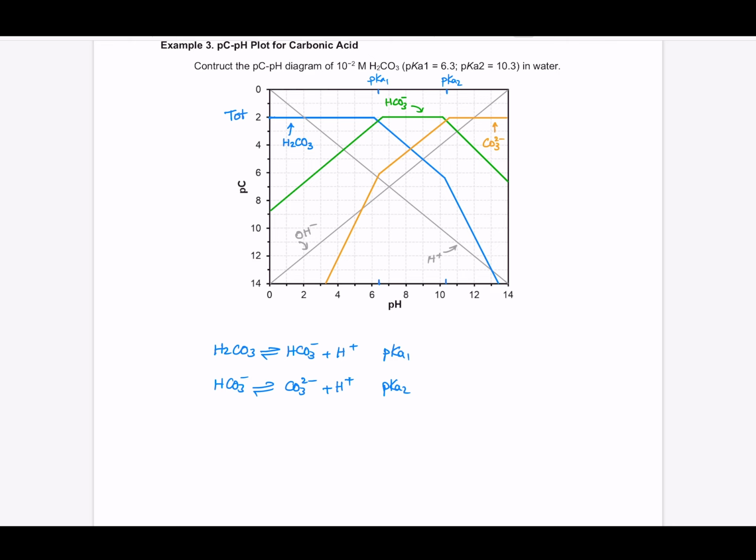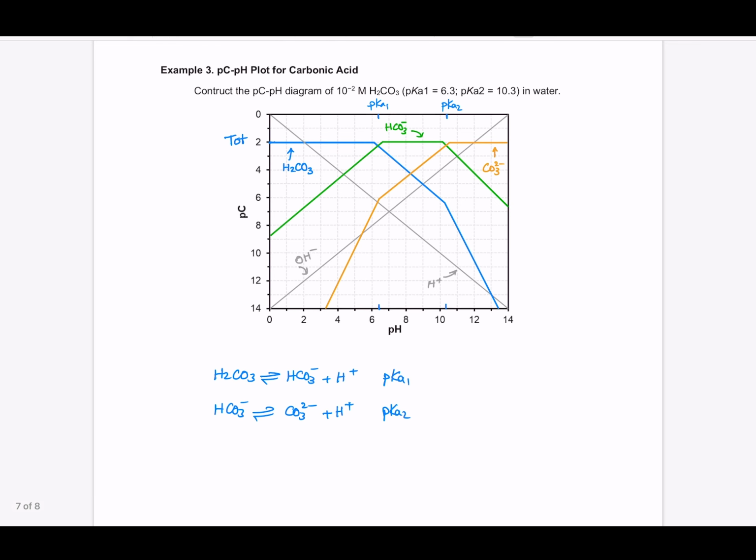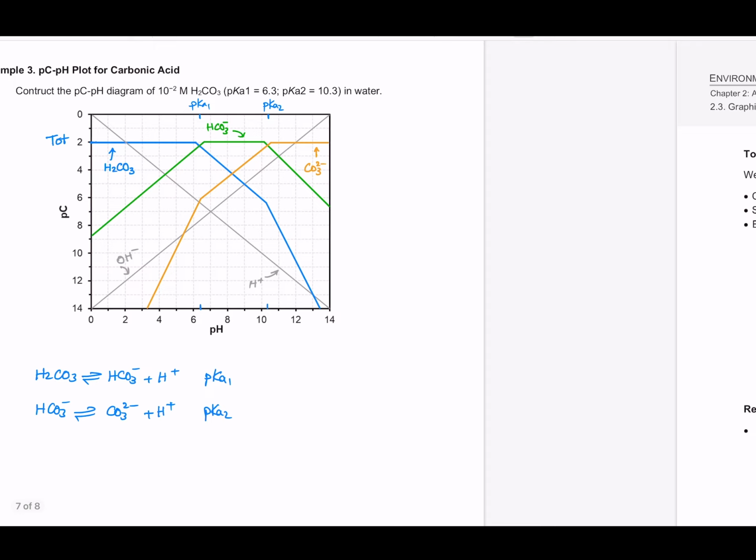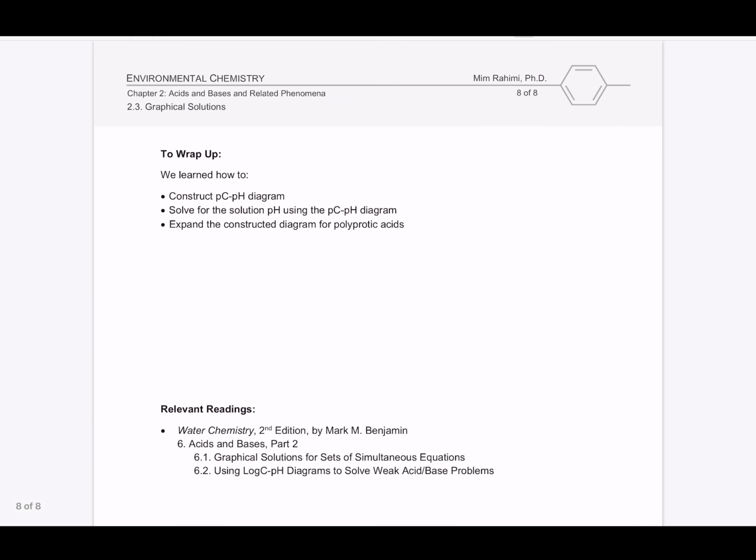So we learned how to construct the pC-pH graph in this lecture, and we basically solved for the pH of the solution for a monoprotic acid. And also we expanded this logical way of constructing these lines for a polyprotic acid, such as carbonic acid that we did at the end.